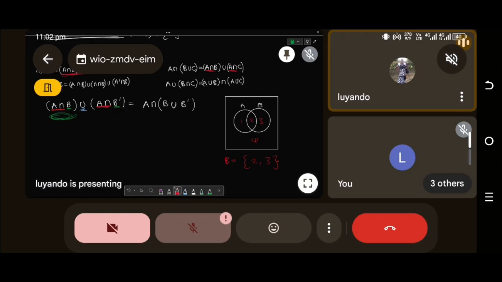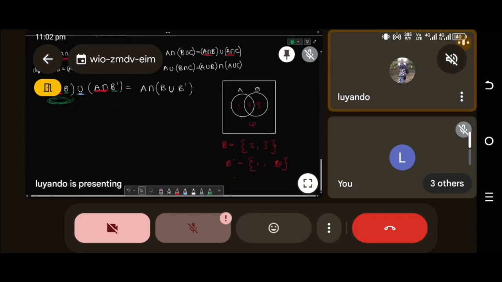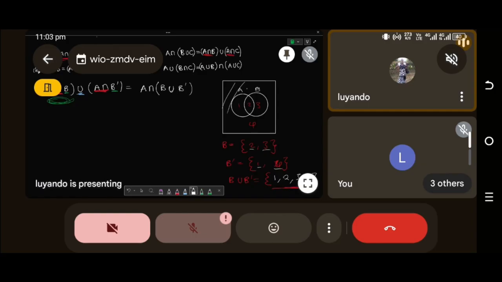B complement would be equal to 1 and 4, because 1 is not in B, and 4 is also not in B. If we were to take the union of B and B complement, you get all the elements: 1, 2, 3, 4. This covers the entire universal set.